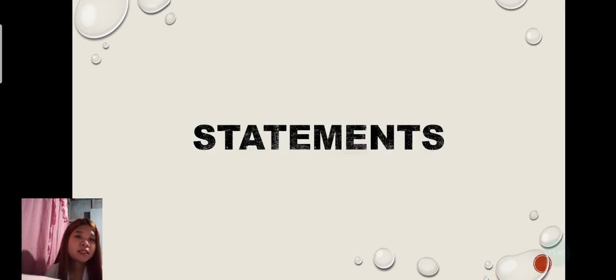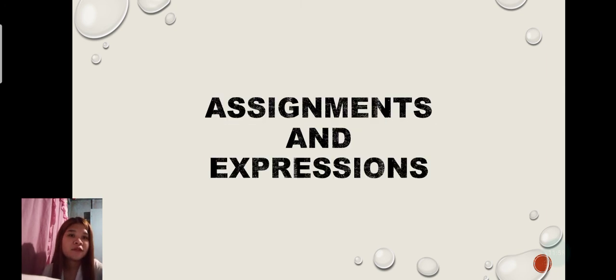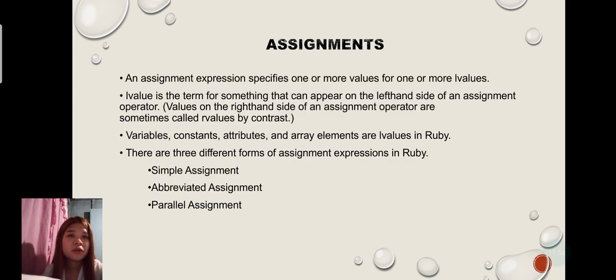So next nga atong i-discuss is kanang statements sa Ruby. So first is assignments and expressions. An assignment expression specifies one or more values for one or more L values. L value is the term for something that can appear on the left-hand side of an assignment operator.